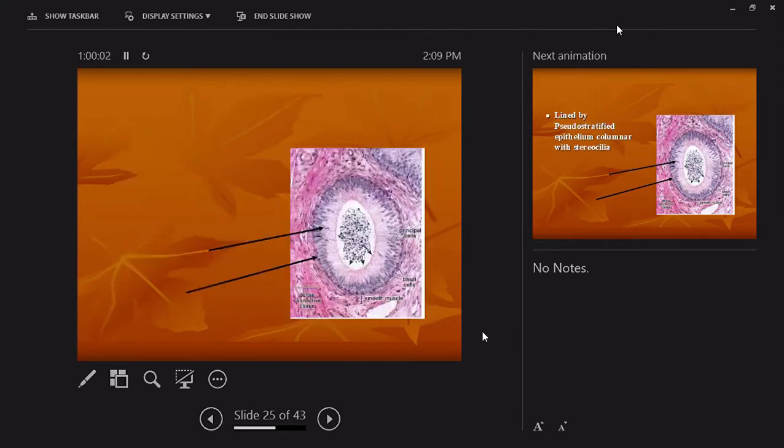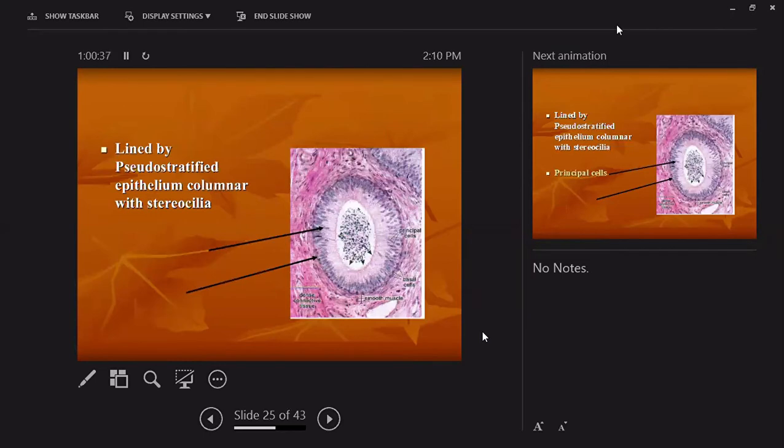So let's look at this. This is your epididymis, lined by pseudostratified columnar epithelium with stereocilia.